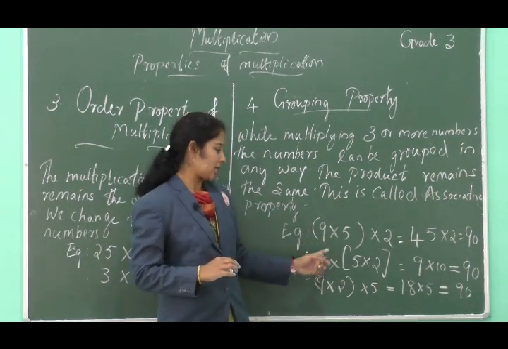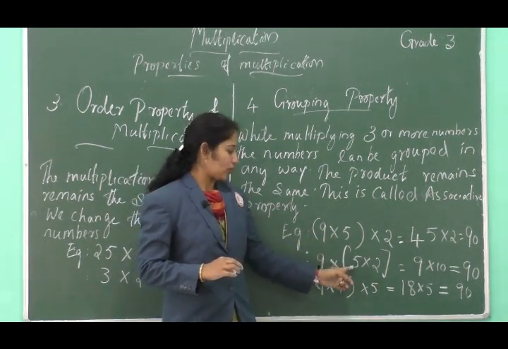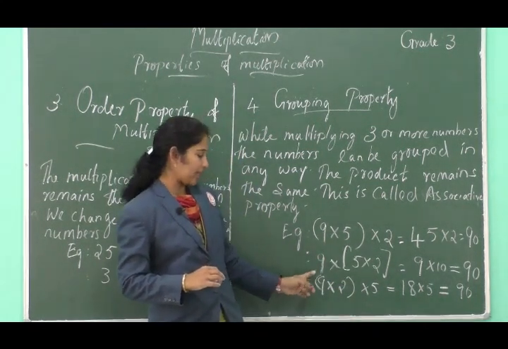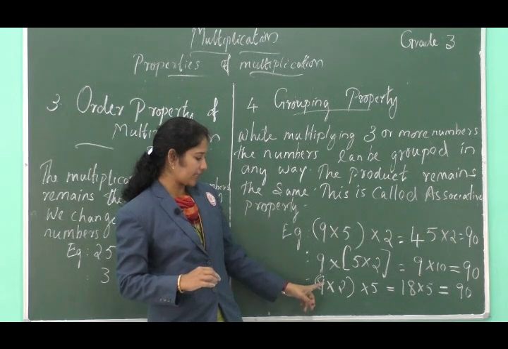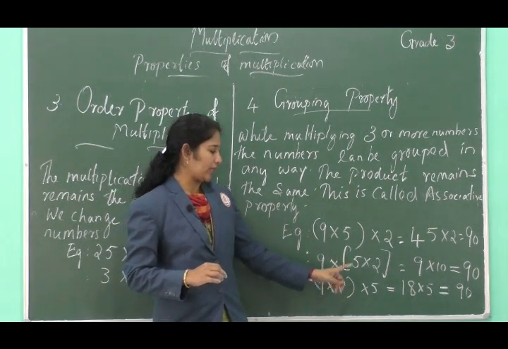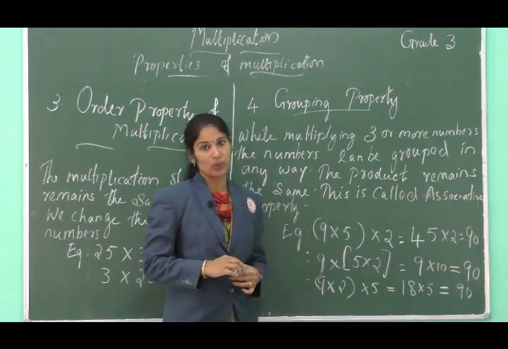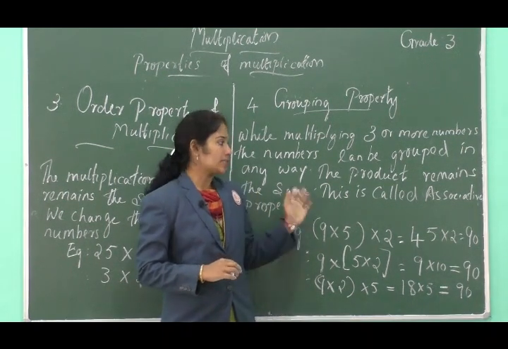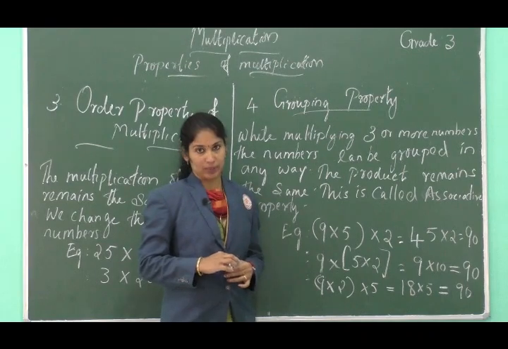And again we can rearrange. First we can write 9 into 2 into 5 is equal to 90. All answers are same. So this is called associative property.